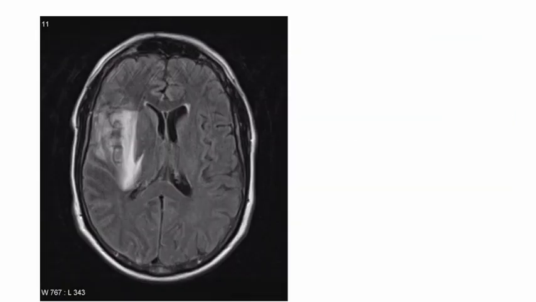Now let us see a few images. This is the T2 weighted MRI, but the CSF is absent here. So it means this is T2 weighted, but it is a FLAIR image. What are the areas involved? This is the temporal lobe.